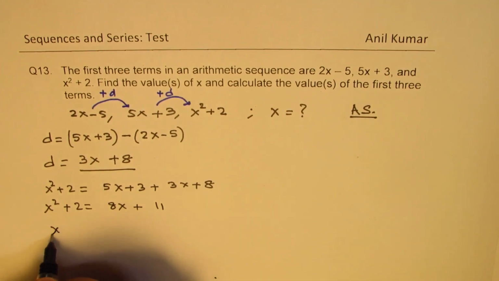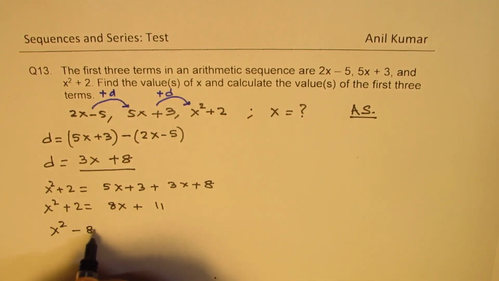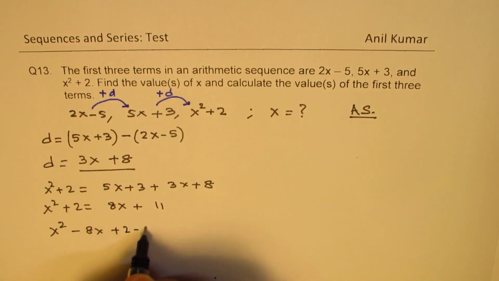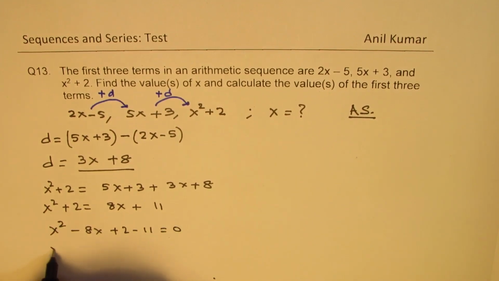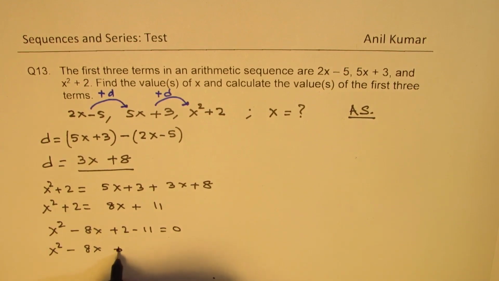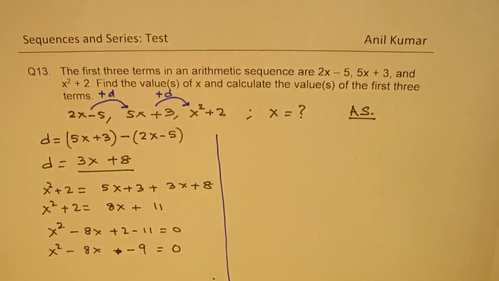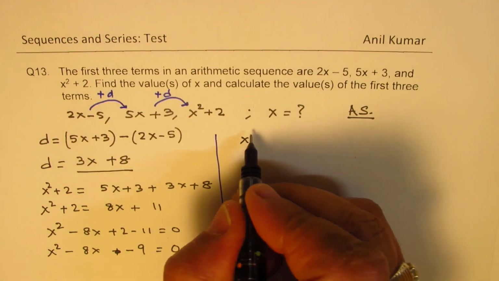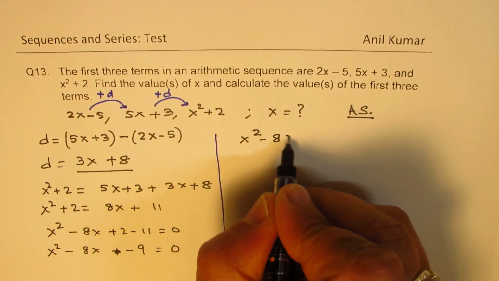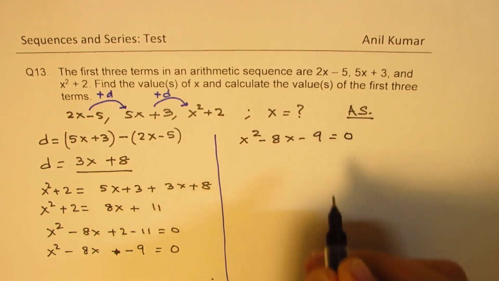And we have a quadratic equation, x squared minus 8x plus 2 minus 11 equals 0, or x squared minus 8x minus 9 equals 0, right? So if I solve this equation, we know the value of x.